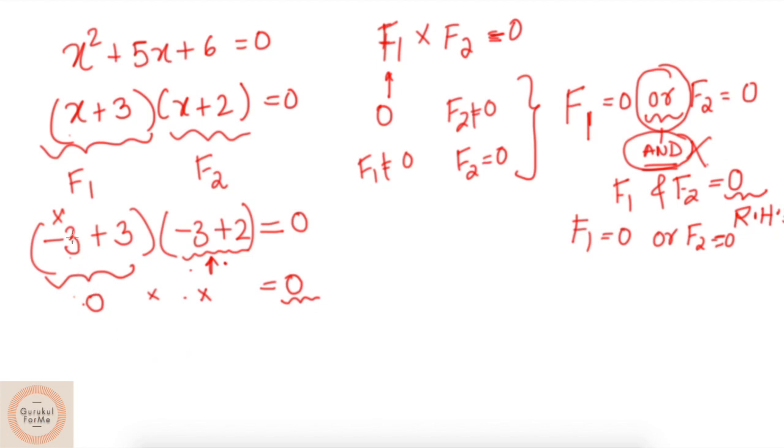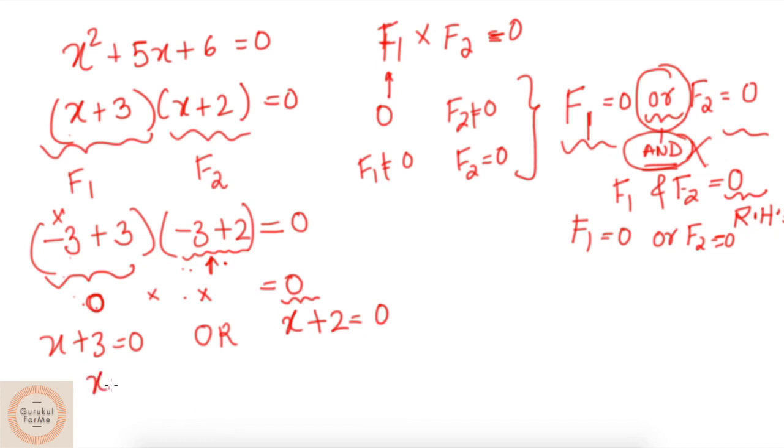Now you saw that when I substituted x as minus 3 in this, I got this factor as 0, but I did not get this factor as 0. Perfect. Can I then say that by this logic, x plus 3 is equal to 0, or x plus 2 is equal to 0, right?